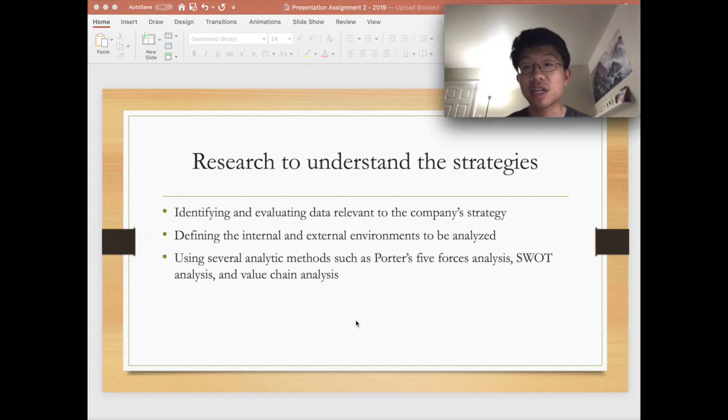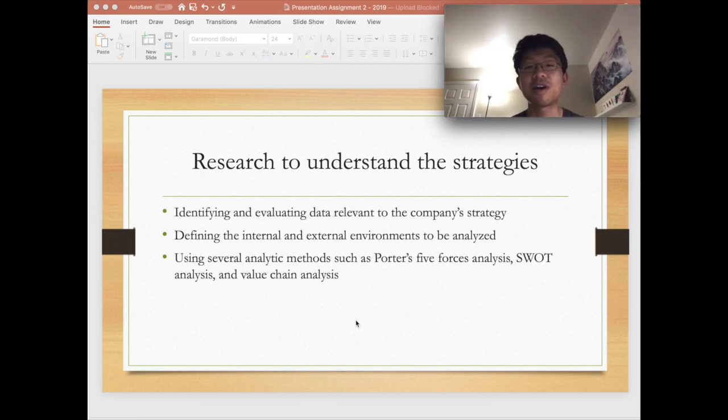So think of me as the manager of the product called the healthy drink, and the product's great, but it's not making the money. So the first way for me is just to research to understand the strategy of the company that is currently having. The first for me will be to identify and evaluate data relevant to the company strategy, both internal and external.